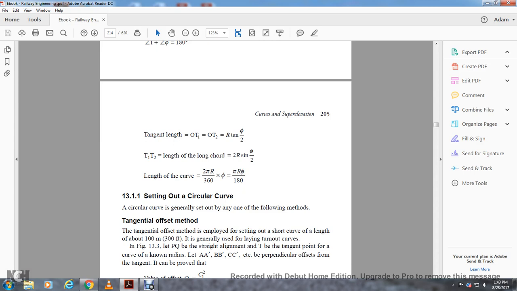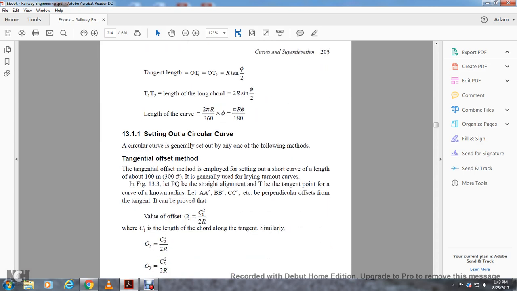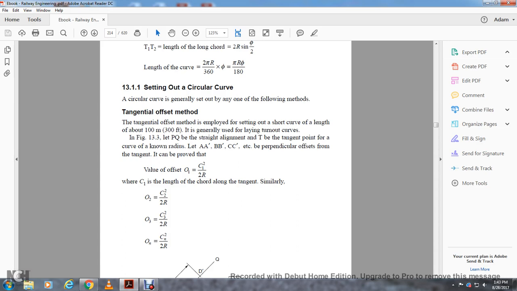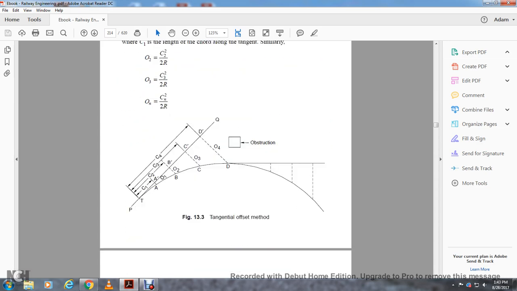Let AA', BB' and CC' be perpendicular offsets from the tangent, which can be provided with the value of the offset. O1 is equal to C1 squared over 2R, where C1 is the length of the chord along the tangent. Similarly, O2 is equal to C2 squared over 2R, O3 is equal to C3 squared over 2R, and On is equal to Cn squared over 2R.